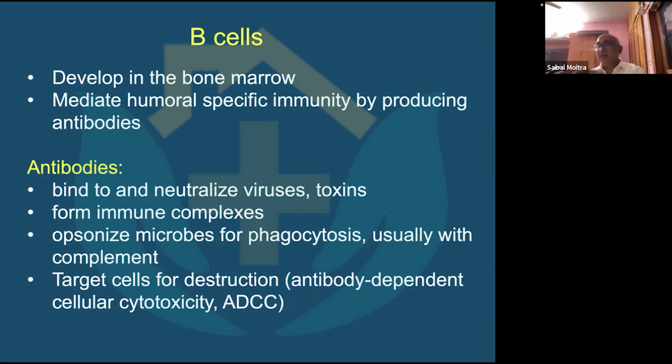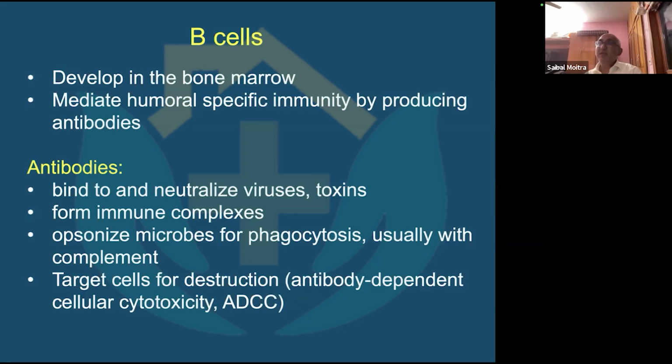This antibody binds to an organism, and through its Fc, the constant region, it can bind to the high affinity IgG receptors on the natural killer cells. NK cells, when bound through the high affinity IgG receptors, get activated, release the perforin enzymes, and kill that organism or that cell. This is called the antibody-dependent cell-mediated cytotoxicity.